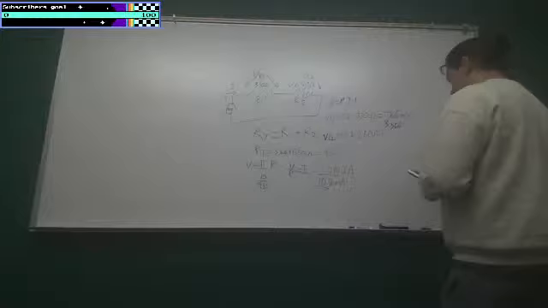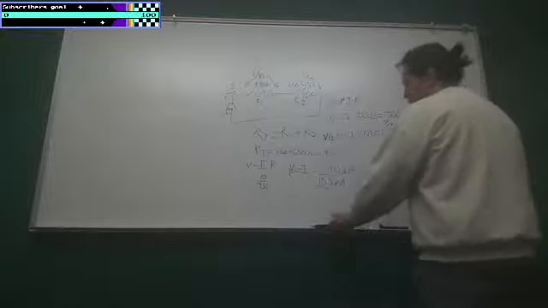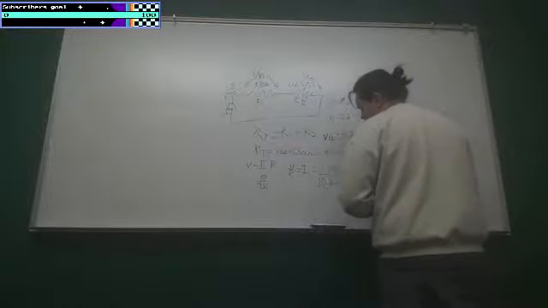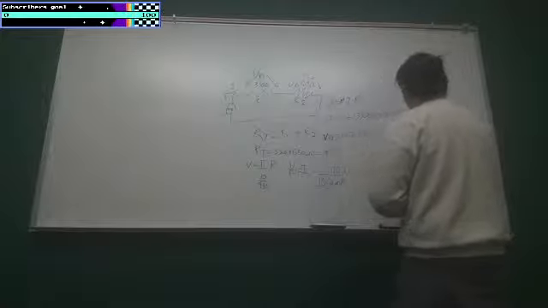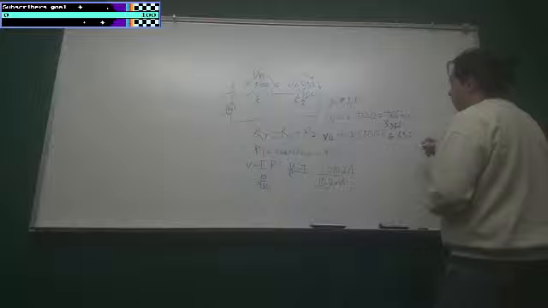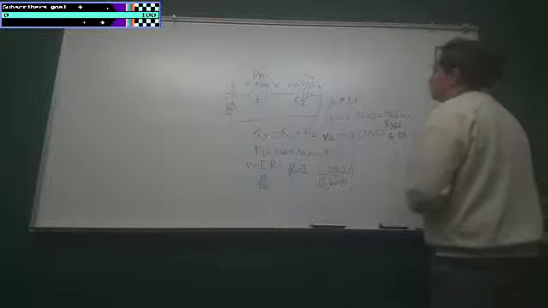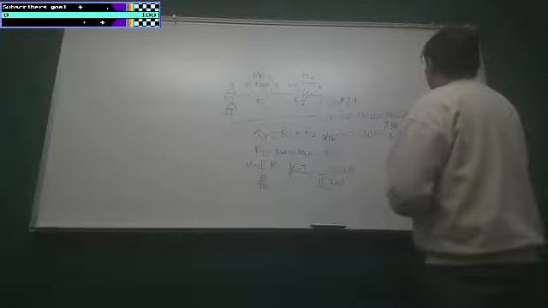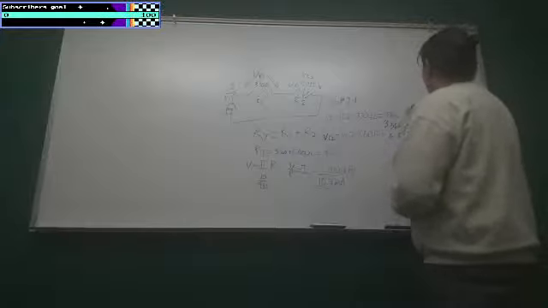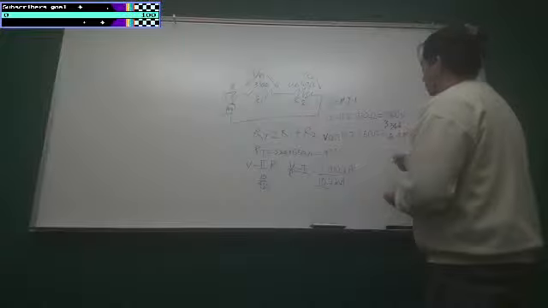So then we just do 10.2 times 650. So I believe it would be 6.630. So, oh, it's gonna be V actually. Yeah, this is a volt, so it's gonna be a V.